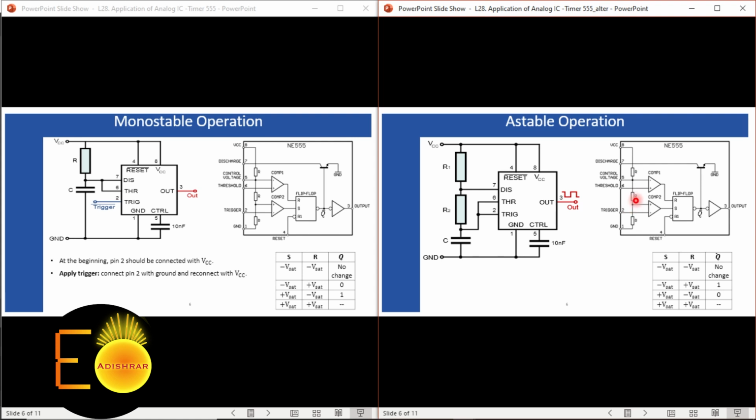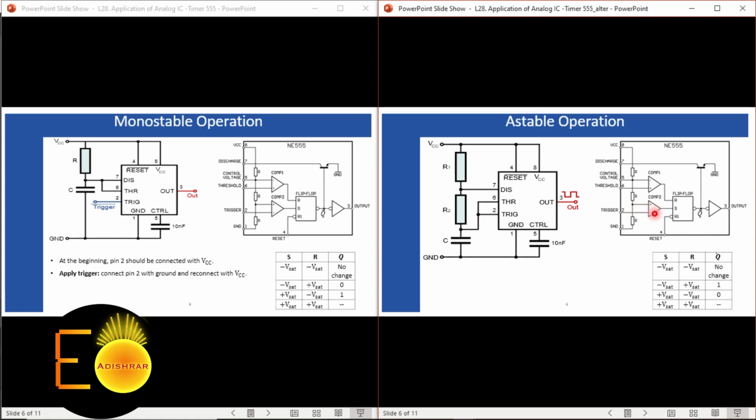This is the non-inverting node of the lower comparator, comparator 2, and this one is the inverting node. When this trigger terminal is connected across the capacitor and the capacitor is not holding any charge initially, the potential at the inverting terminal of comparator 2 is 0, which means the potential at the non-inverting terminal is higher.